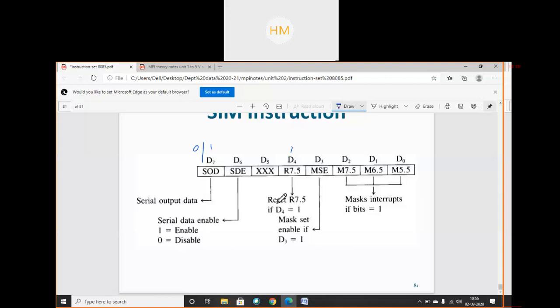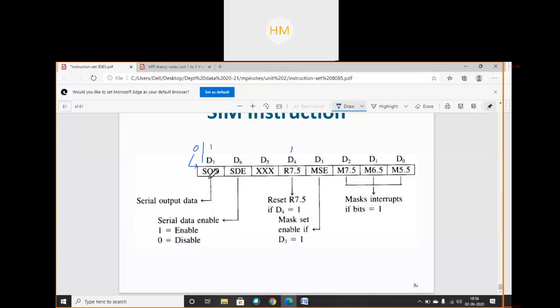Serial data is not enabled; when it is 0, it is disabled. So in serial output data, whether it is 1 or 0, whatever data is there, right now in this case you will have 0. 0 will be transmitted, but SDE is disabled. So nothing will happen to this pin.